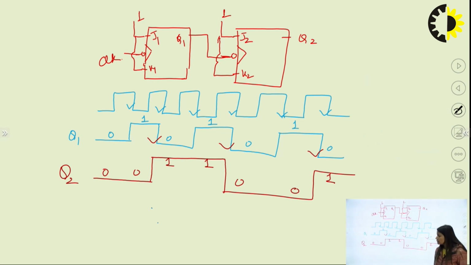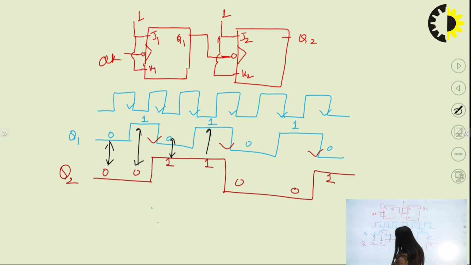Now you must be wondering where the count is. So the count is Q1, Q2. Initially both were 0. Okay, so this is the first count, then 01, then 10, then 11, isn't it? 00, 01, 10, 11.